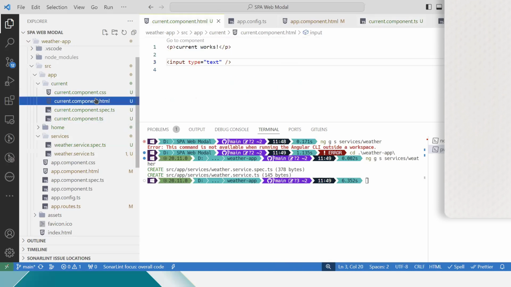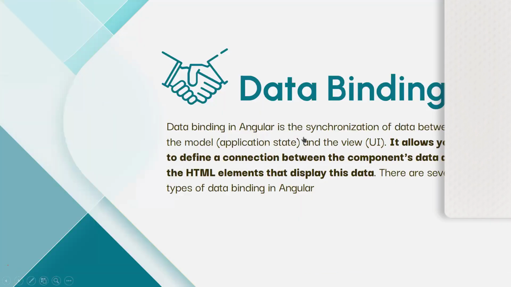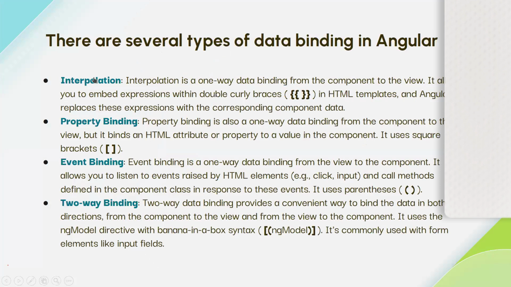But we have to show it in the HTML. Therefore, we need to bind these two together, right? There are many ways to do that. We can use interpolation, property binding, event binding, two-way binding, things like that. Let's use two-way binding in our case, because that is one of the revolutionary things which was introduced in Angular when it was launched, back in the day.